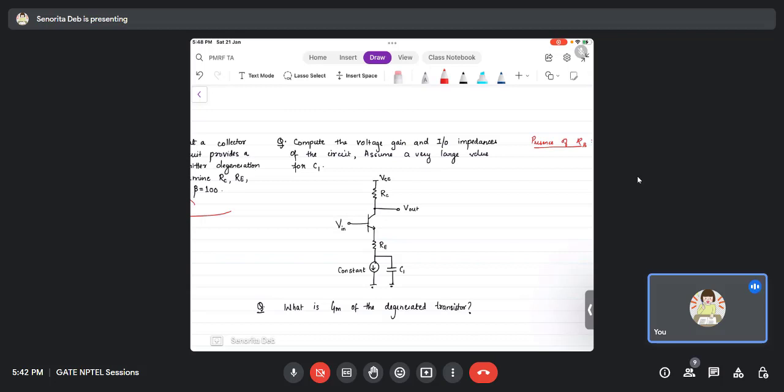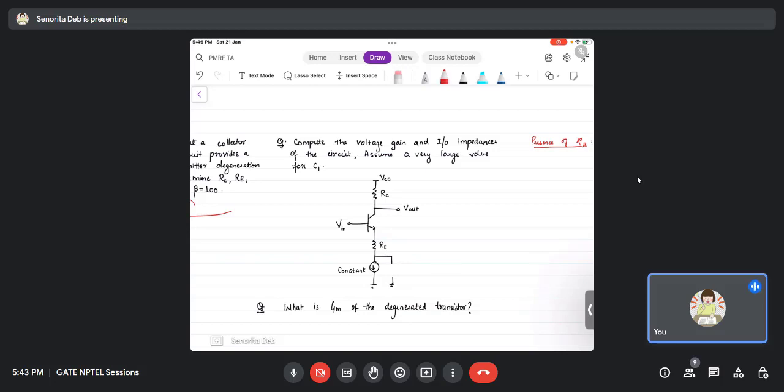In DC, what will happen? In DC, this is open. So the constant current source will bias it. In DC the C1 will be open, so the constant current source is present. It provides a hardwired bias, i.e. the BJT is biased. This is another way of biasing BJT.